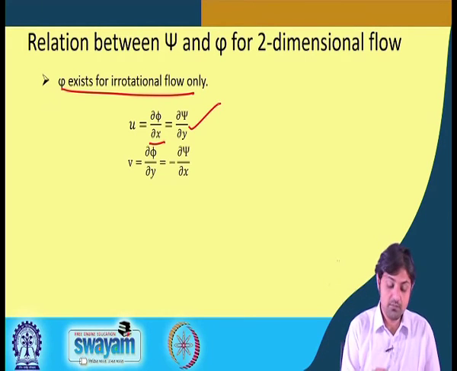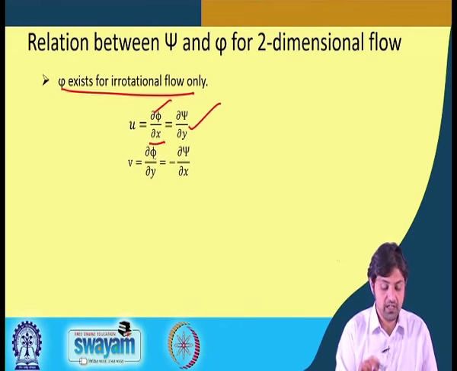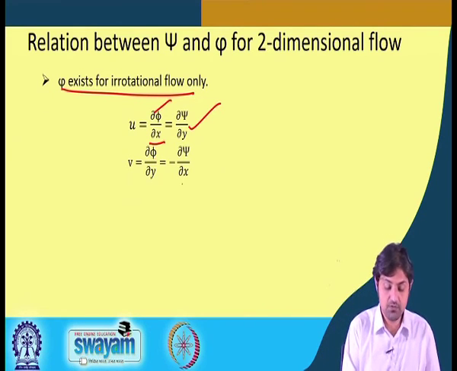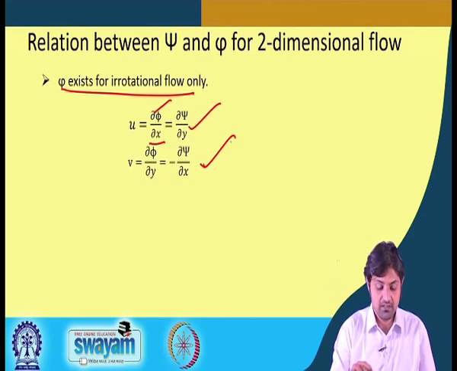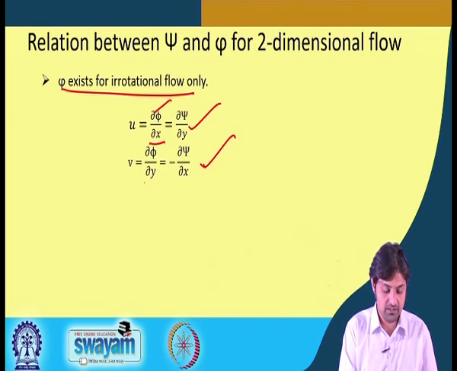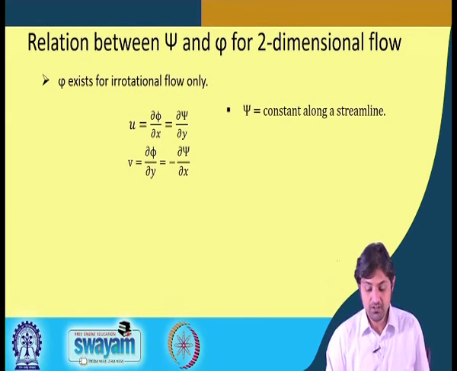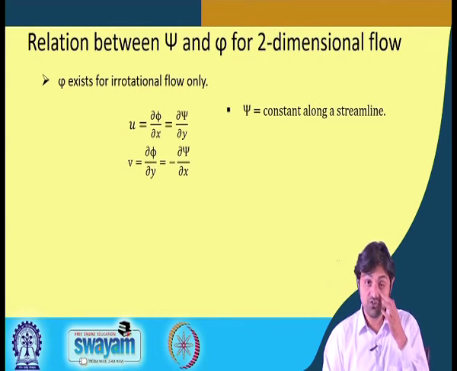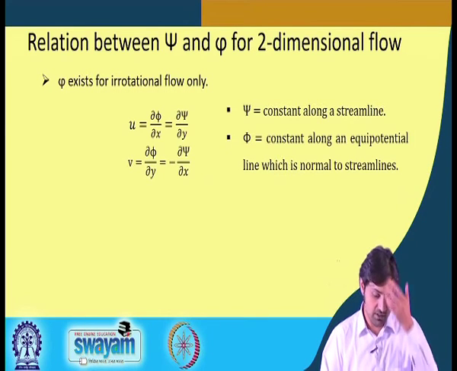Similarly, v is given by the potential function as del phi by del y, and this is equal, in terms of streamlines, to minus del psi by del x. That we have seen before, right? So, I will erase this. Okay. So, psi is constant along a streamline and phi is constant along an equipotential line, which is normal to the streamlines.